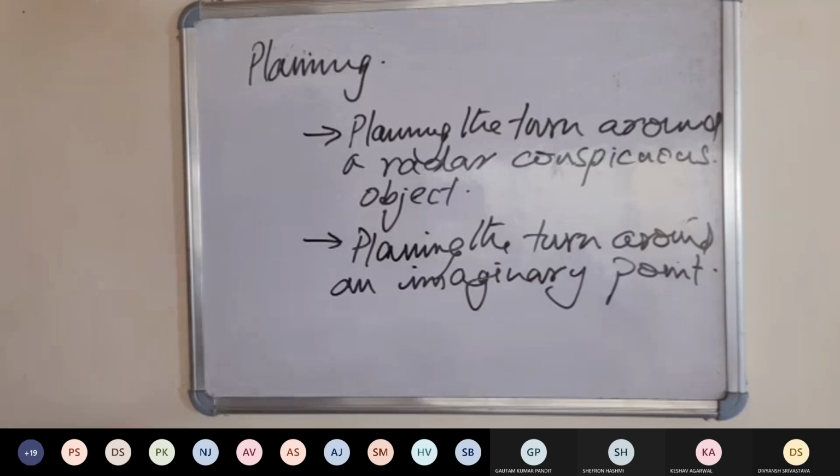There is nothing to see, so imaginary point. So these are the 2 conditions in which you have to plan the turn. Number 1, around a radar conspicuous object. Number 2, around an imaginary point. We will talk about these two methods one by one.